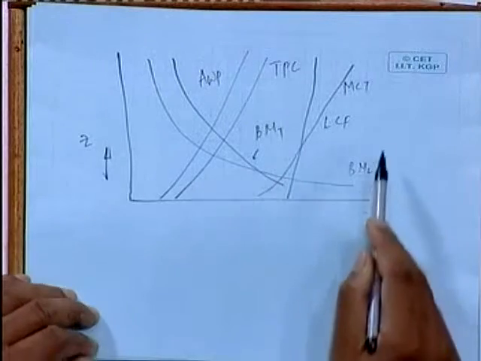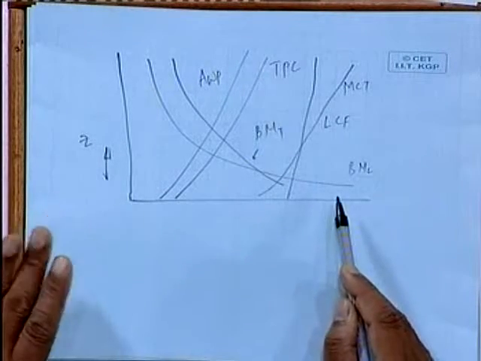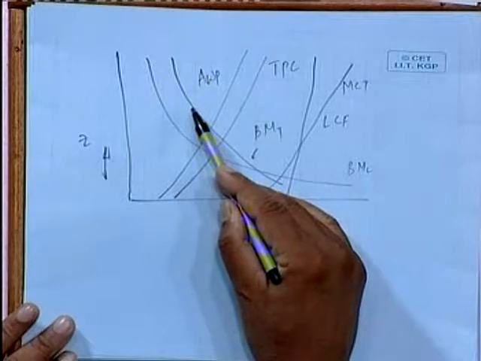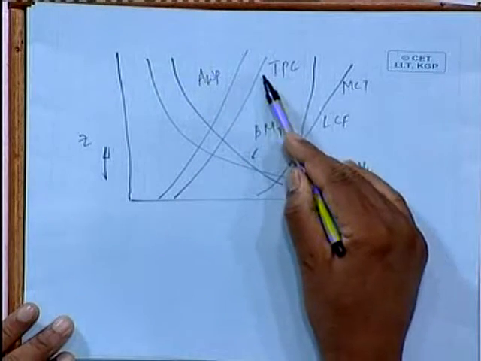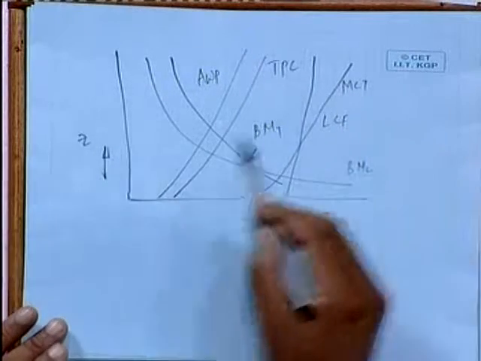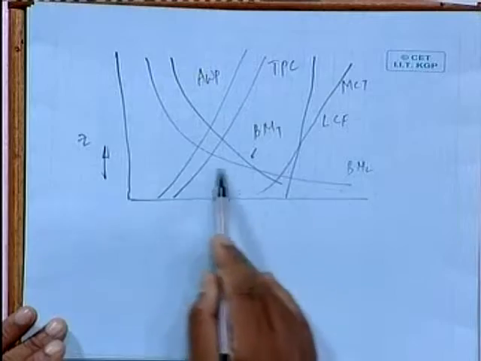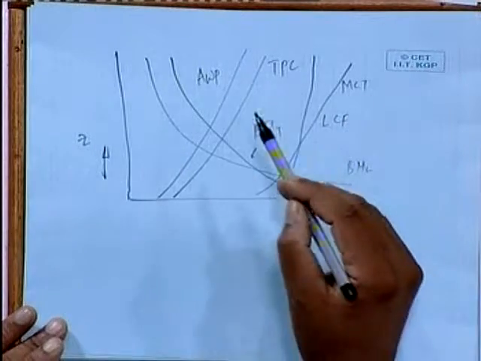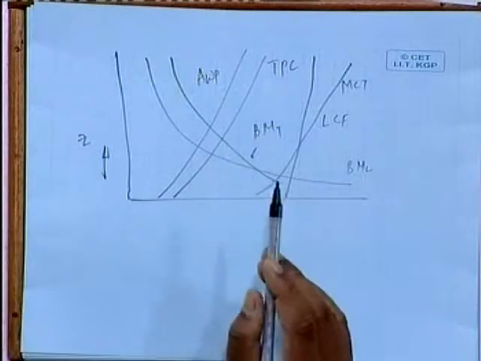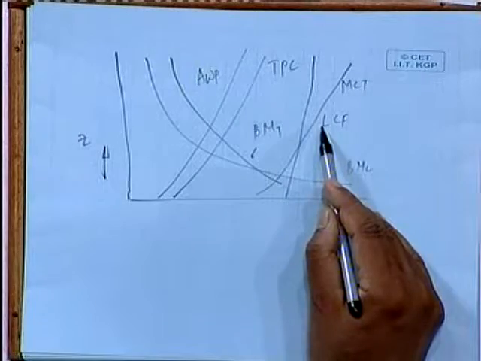Please remember, all this calculation has come only from the integration over the water plane area. AWP was there directly, TPC was directly AWP divided by 100, MCT is connected to BML: volume into BML by 100L. BMT is of course IT by V, and LCF is also calculated.